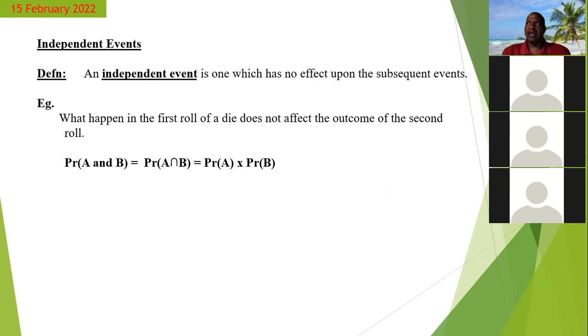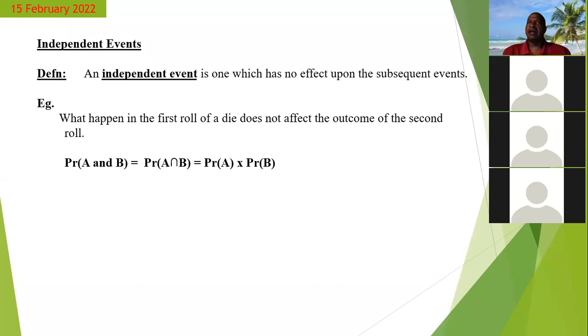It's not like the case of mutually exclusive or non-mutually exclusive, where we are just looking at the possibility of one single event. But for independent events, you have one event followed by another event.